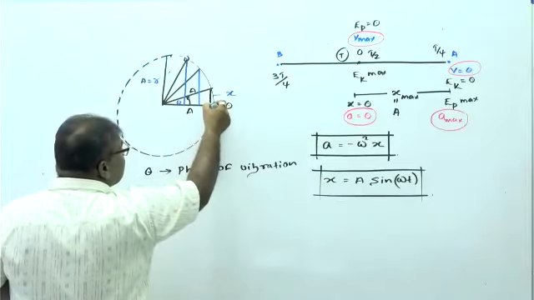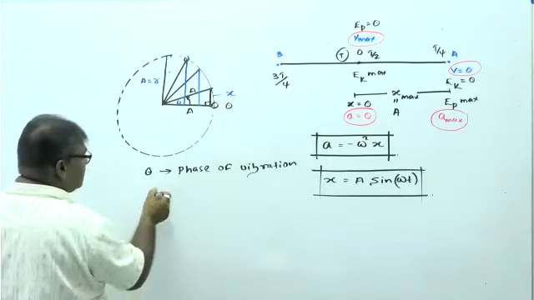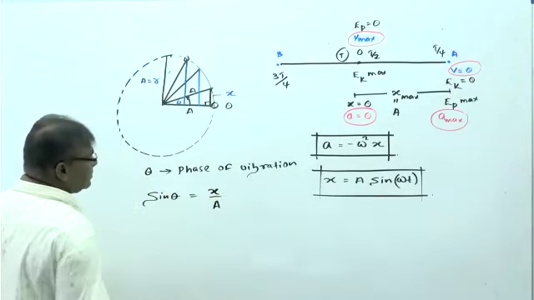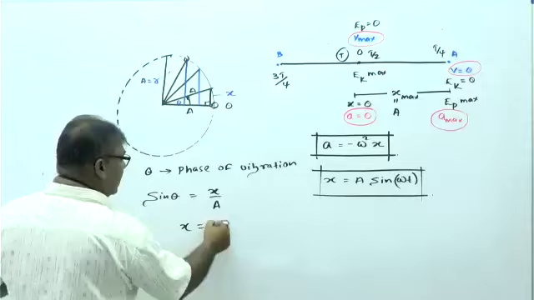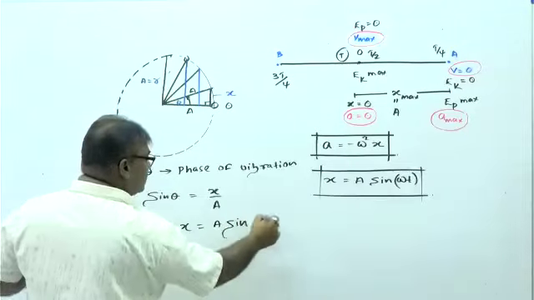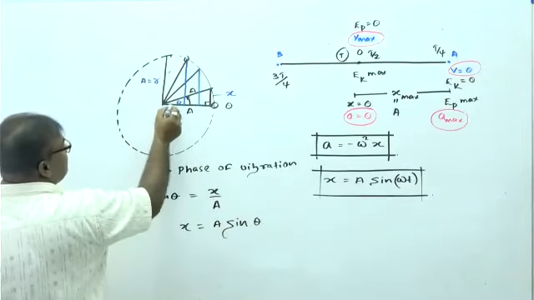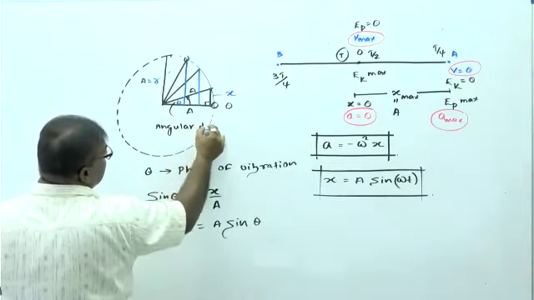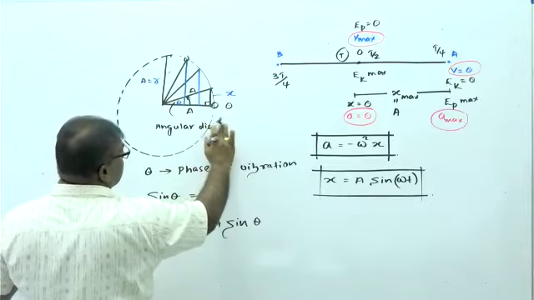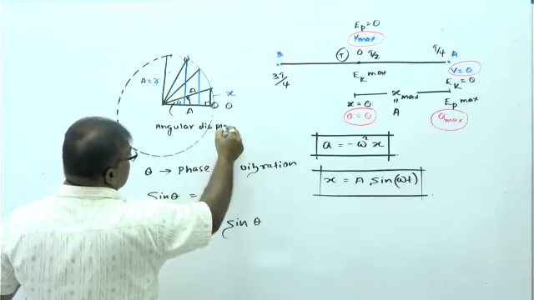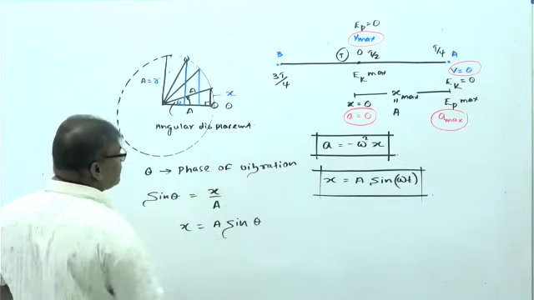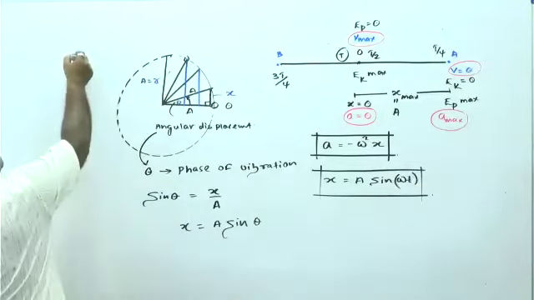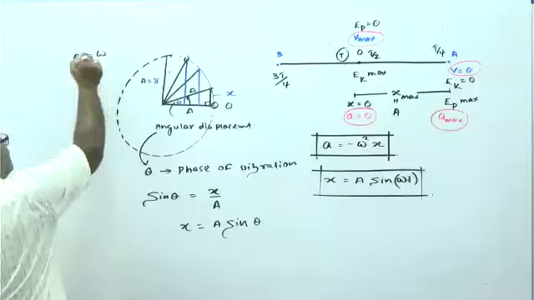But when we consider this right-angled triangle, sine theta is opposite over hypotenuse. Then x becomes a sine theta. Then we all know that theta is angular displacement according to circular motion, and this is the same as phase of vibration. Then angular displacement divided by time is angular velocity.